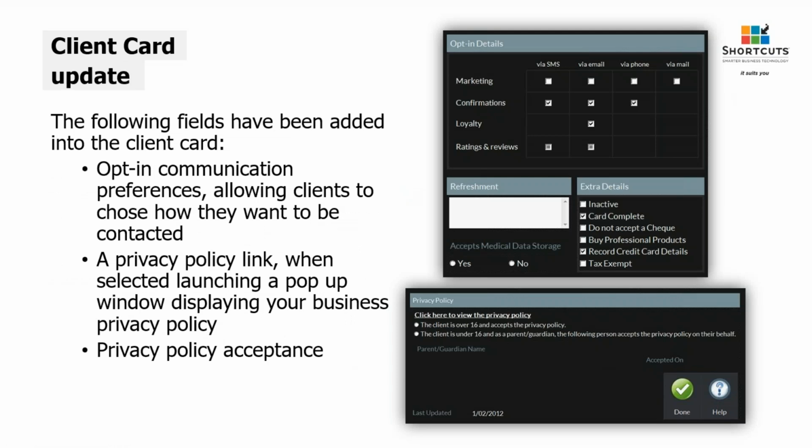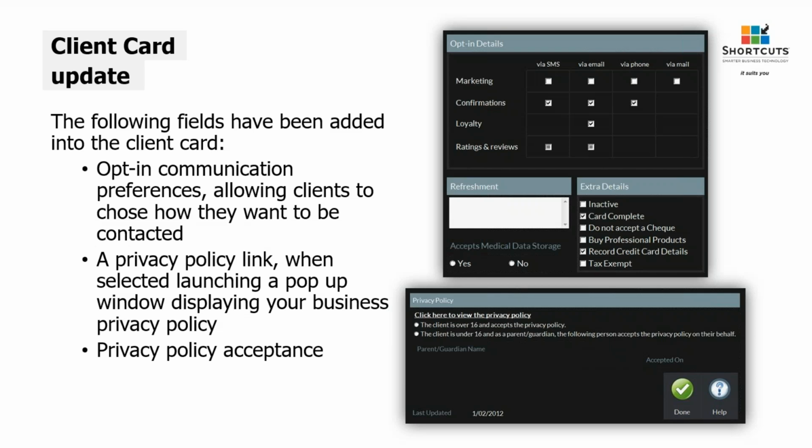There's also a client card update. For those of you that have updated to 8.0.28, you've likely seen some changes on the client card. For those of you that have not upgraded yet, just know that these updates are coming. The following fields have been added into the client card. First, opt-in communication preferences. Up until now, we just simply had an accept marketing checkbox. It was either on or off.